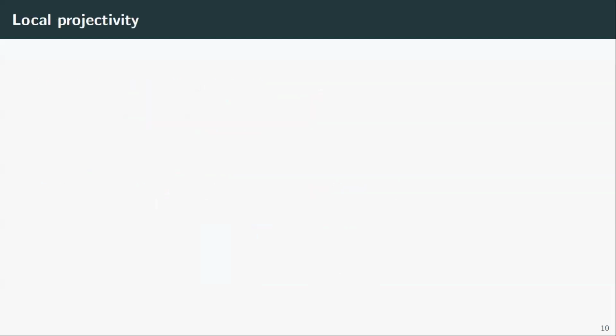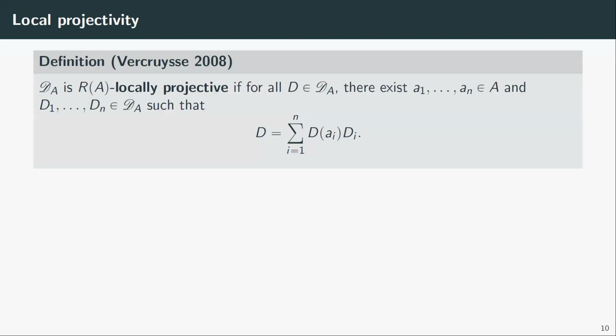And the solution we found is a property called local projectivity. It dates back from the 70s and it is known under various names in the literature. There are also a lot of variations in how it is defined. So we used a version of it from Percus's PhD thesis.